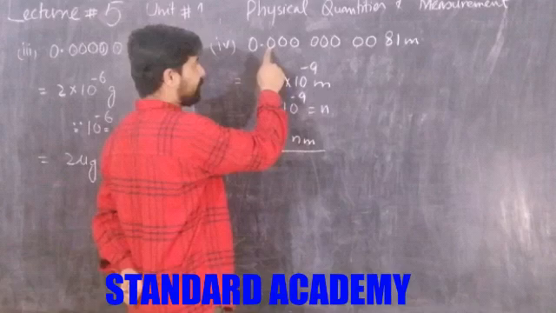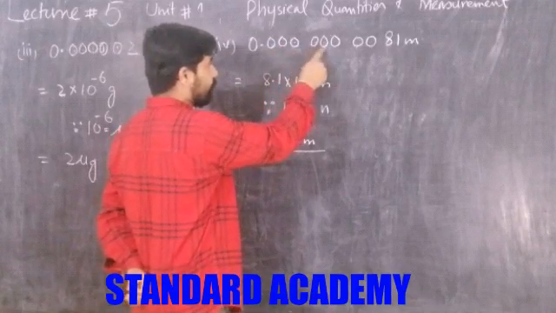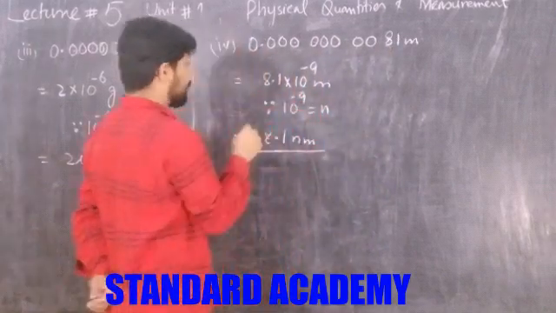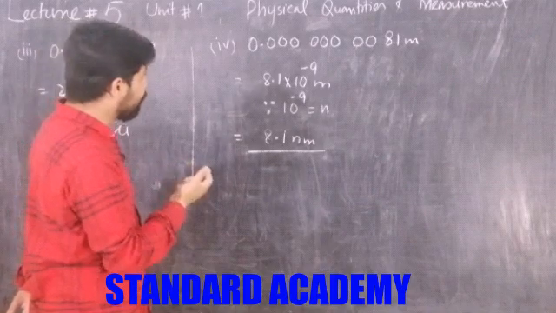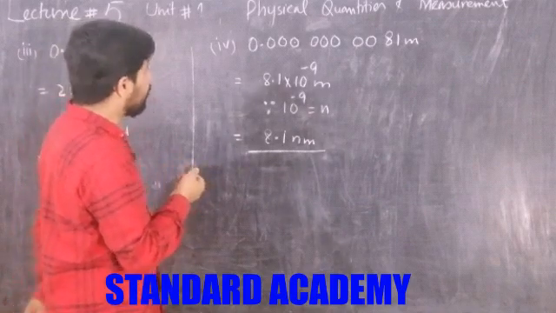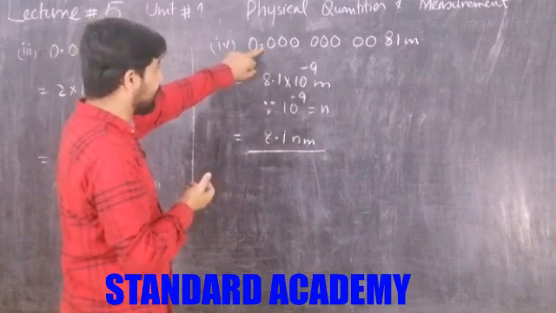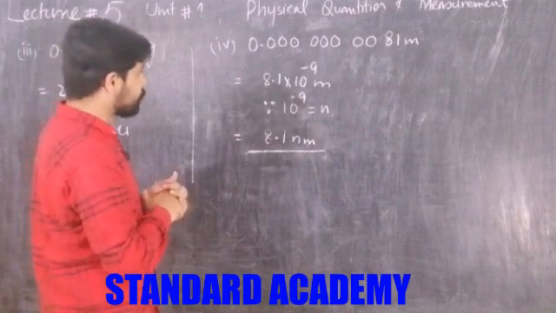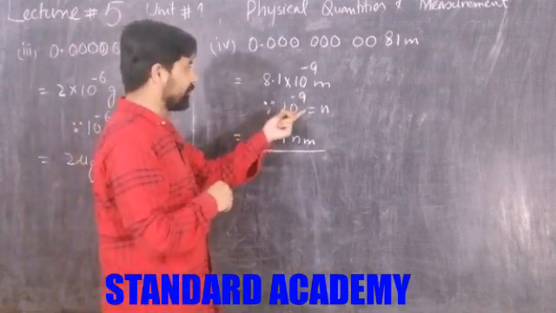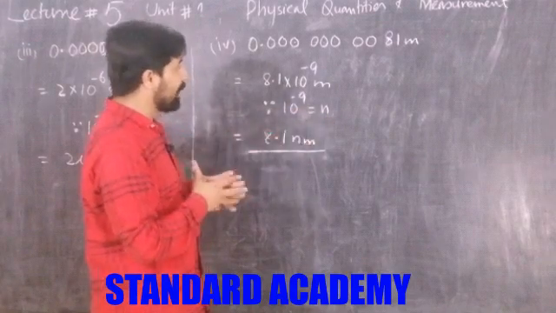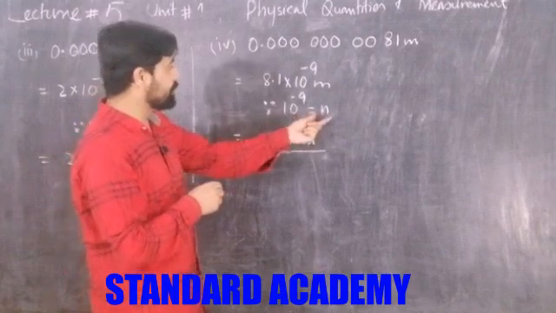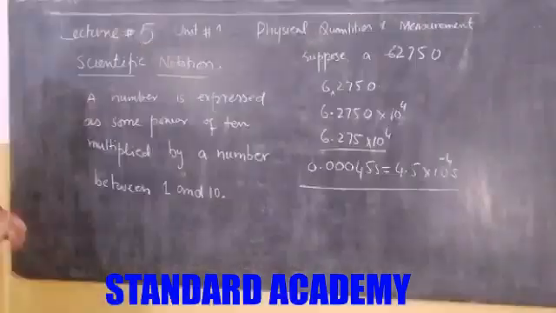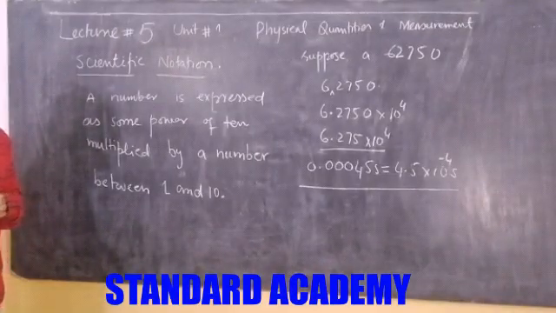So here I am counting 1 2 3 4 5 6 7 8 9. So this will become 10 raised to the power minus 9. Why minus? As I told you, if we move from left to right, the power will become negative. This 10 raised to the power minus 9 stands for the prefix nano. So here I am replacing 10 raised to the power minus 9 by the prefix nano. So this will become 8.1 nanometer.